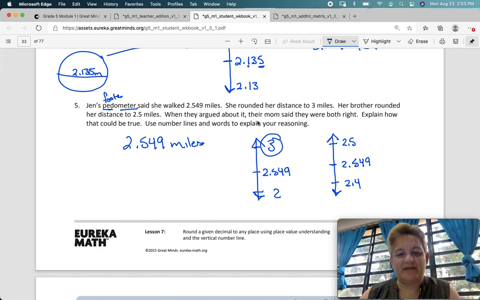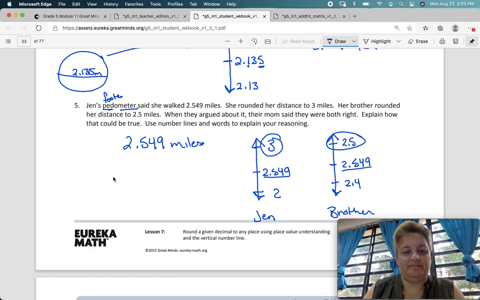When they argued about it, their mom said they were both right. How could they both be right? Well, what did they do? I've kind of given you some hints here, right? Jen rounded up to the nearest whole number, and her brother rounded to the nearest tenth. Do you see? They both started with the same number. She rounded up to the nearest whole number, and he rounded up to the nearest tenth. Okay?